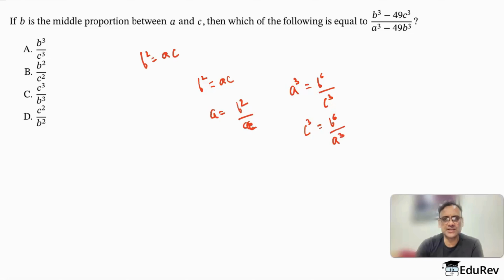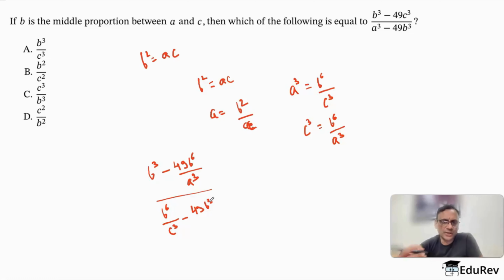Let's do this, so at least my roots will be avoided. So B cube will be as it is, minus 49 C cube, which is B to the power 6 upon A cube, and A cube is B to the power 6 upon C cube minus 49 B cube.